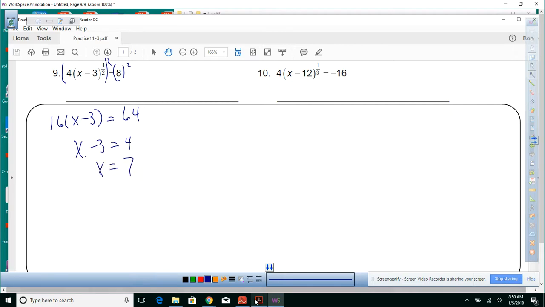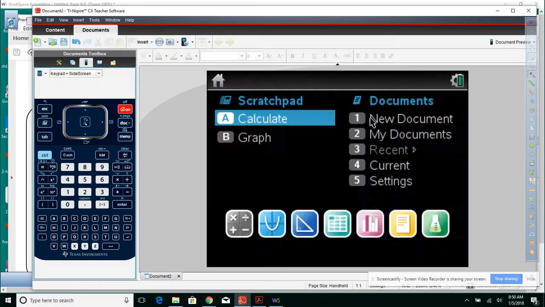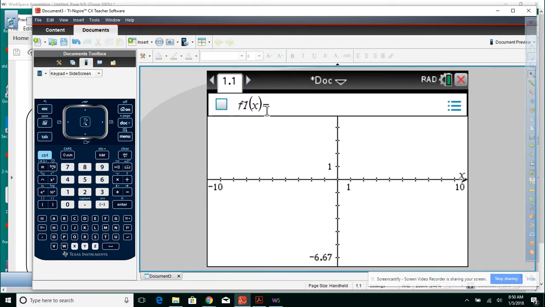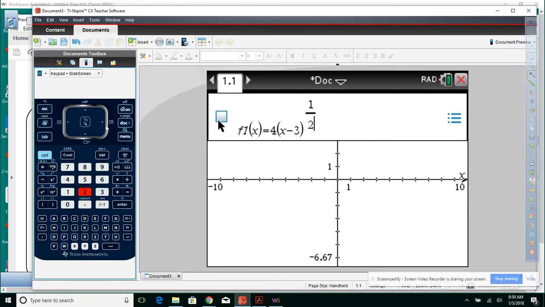Again, you can graph these, and they will give you the solution. So we've got 4 open parentheses, x minus 3, close parentheses, caret 1, control divide 2.